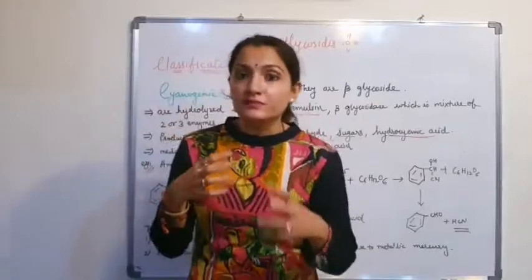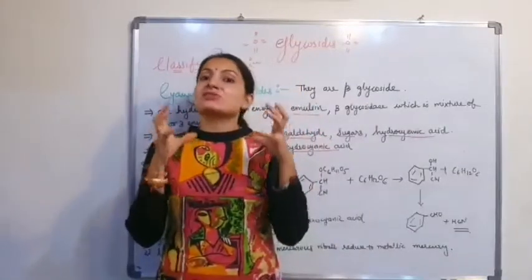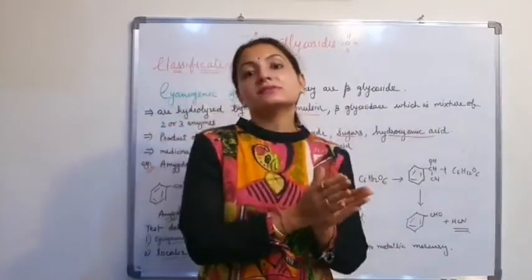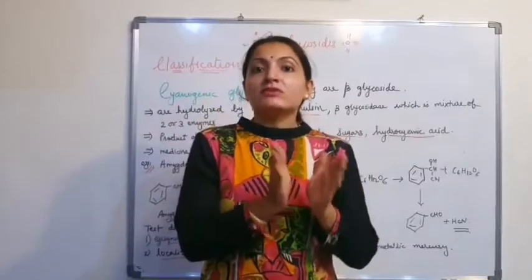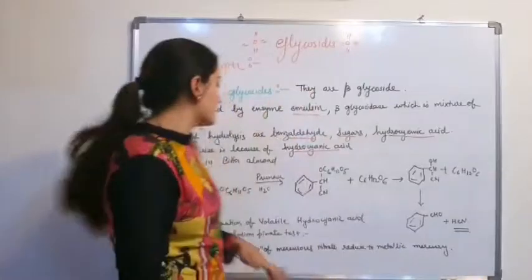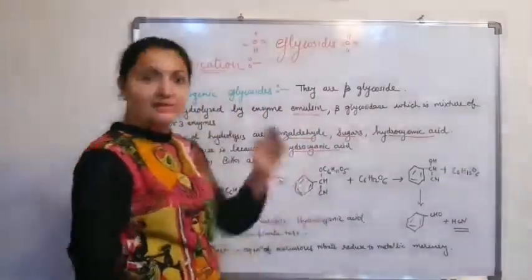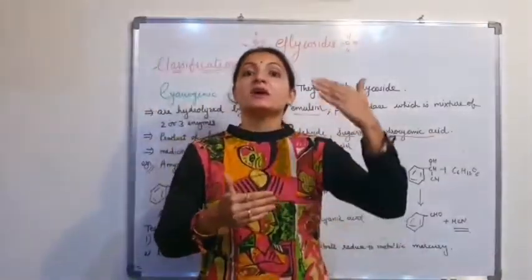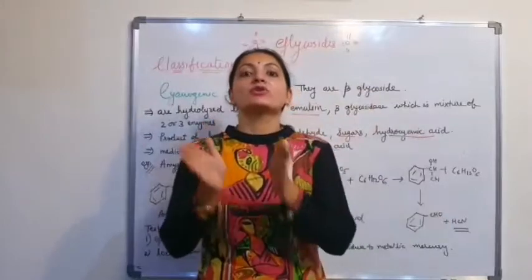So we take the powder in presence of water. Water and the powder containing cyanogenic glycoside undergo hydrolysis, and because of hydrolysis, at the end benzaldehyde and hydrocyanic acid are produced.